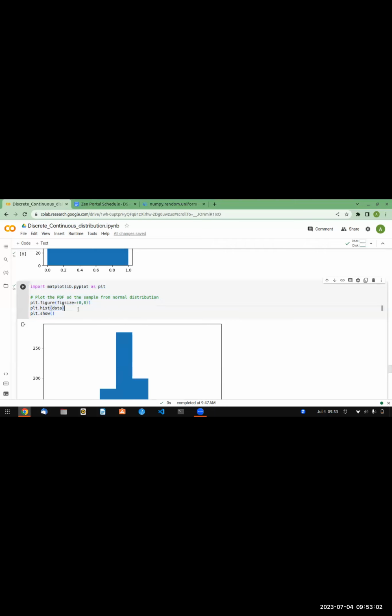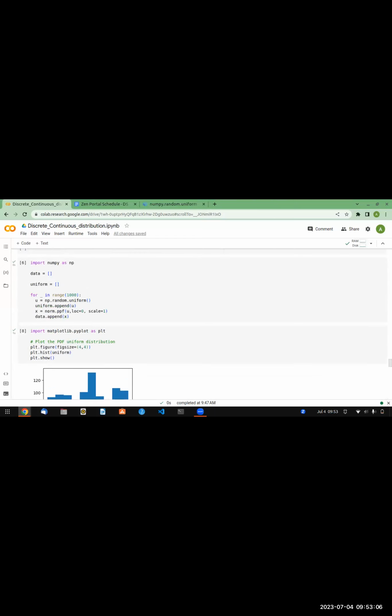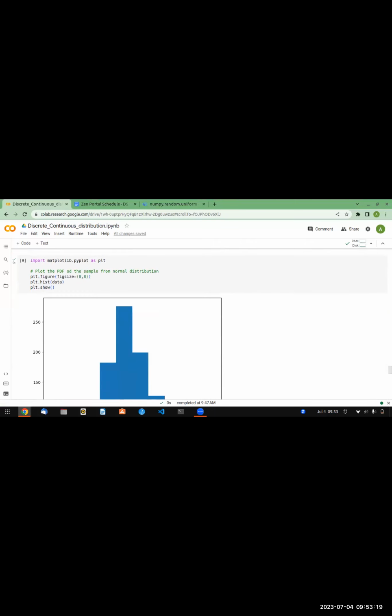First of all, I'll summarize. We kept the data in an empty list, data, and uniform. We are plotting uniform, and we saw this is a uniform distribution, and we are trying to plot this data to show a normal distribution. We use the matplotlib library, calling the histogram function and passing the list of data that we collected.